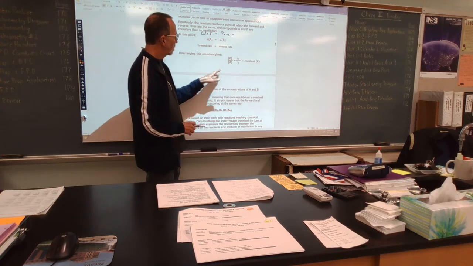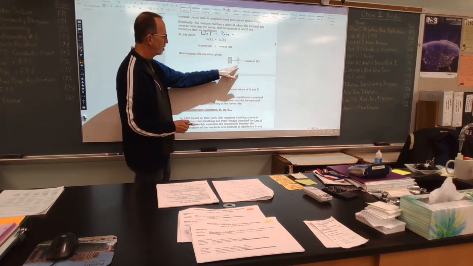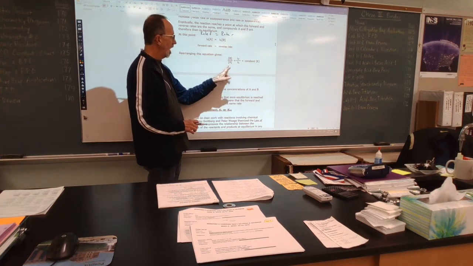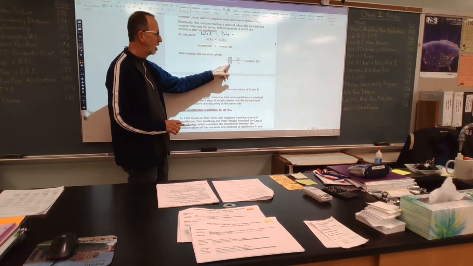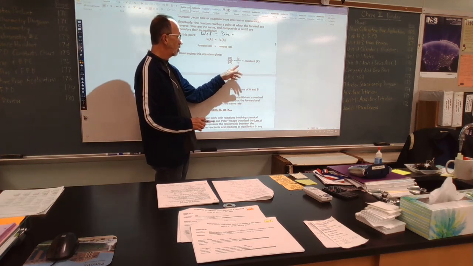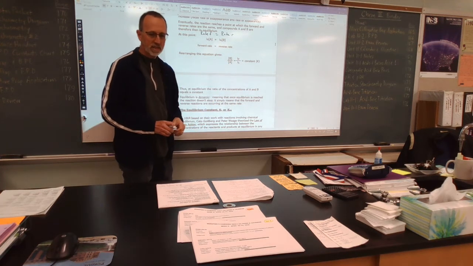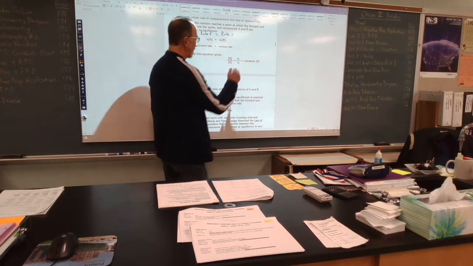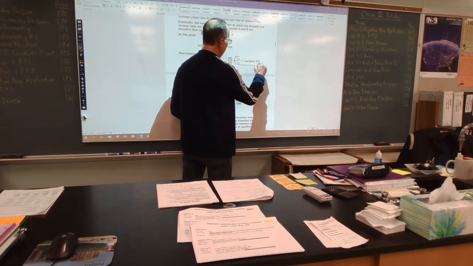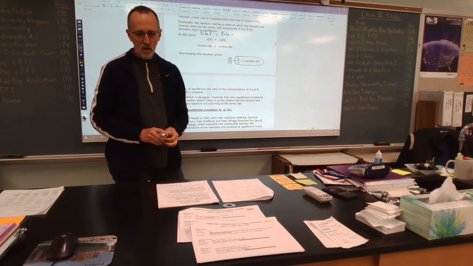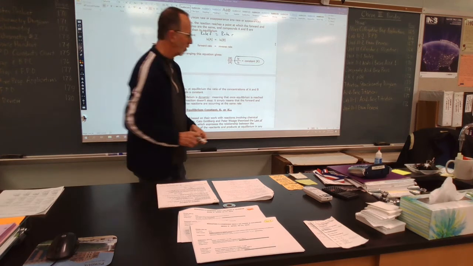By doing that, we divided both sides by the rate constant for the reverse reaction, and now we have the concentration of B over the concentration of A, or the ratio of those two, is equal to the ratio of the rate constant of the forward reaction over the rate constant of the reverse. And that right there is equal to what we call the equilibrium constant.